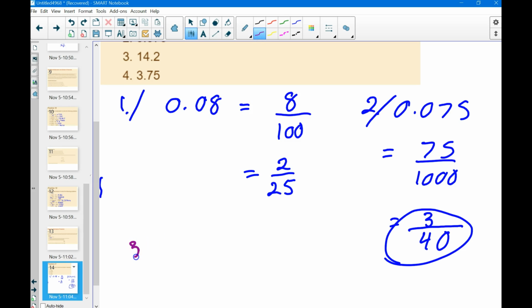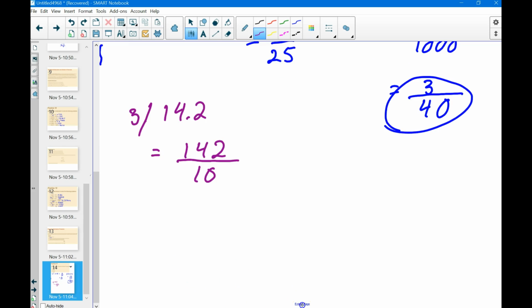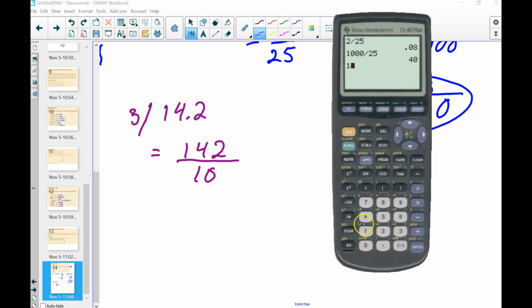Number 3 is 14.2, which for us means 142 over 10. And 142 can be divided by 2, giving 71 over 5.